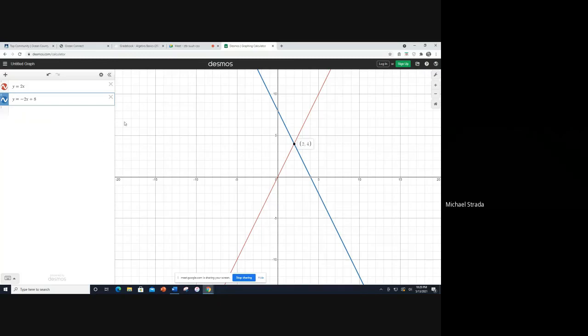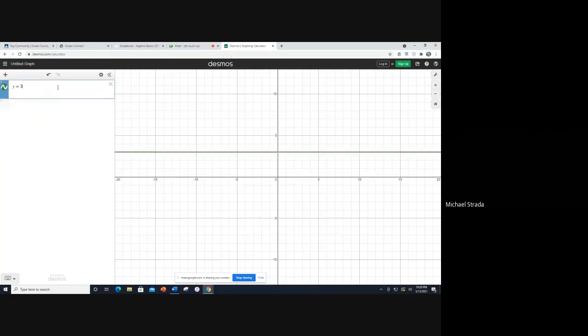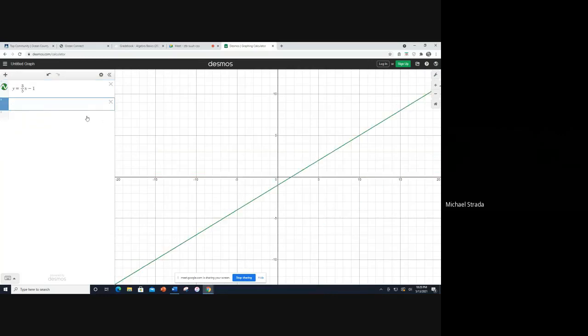The problem with graphing: let's say we got y equals 3/5 x minus 1, and y equals negative 2x plus 3. I wonder if 1.50 works for both. 4.5, no, it doesn't.